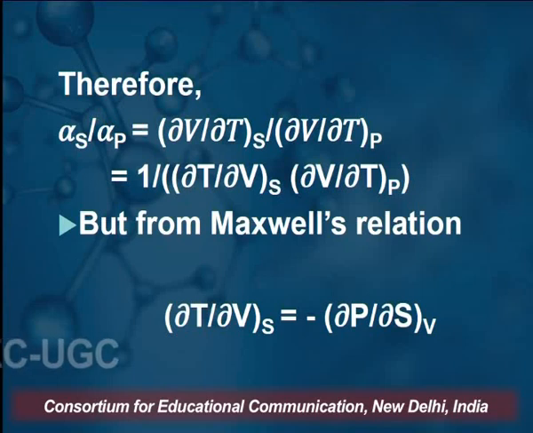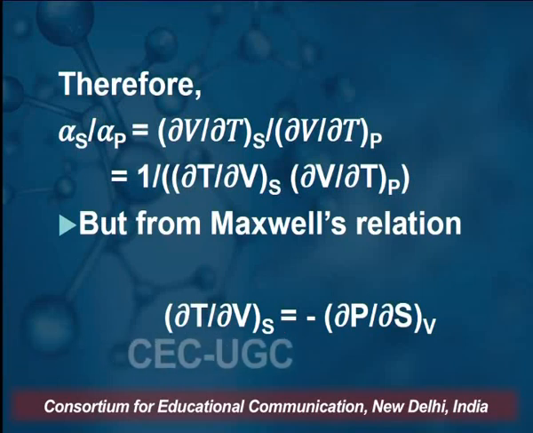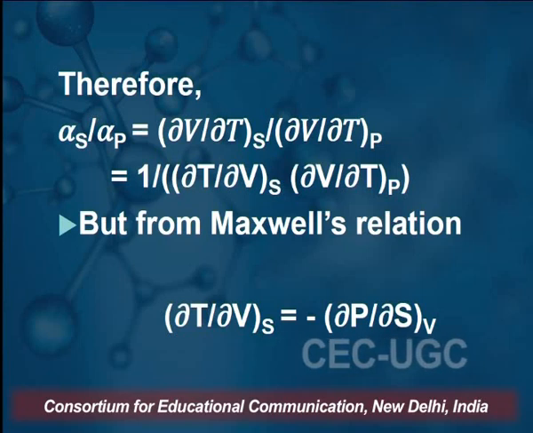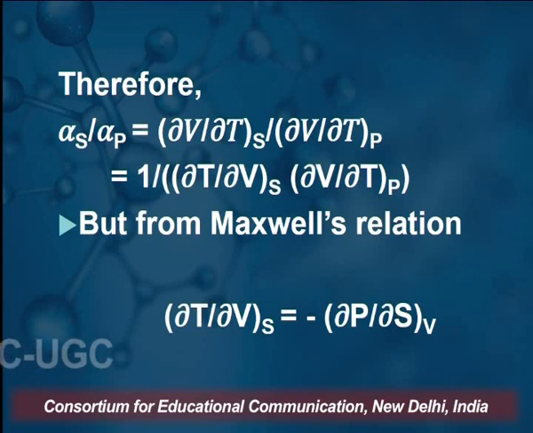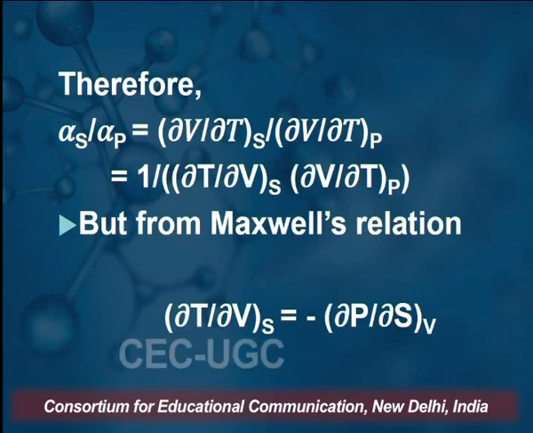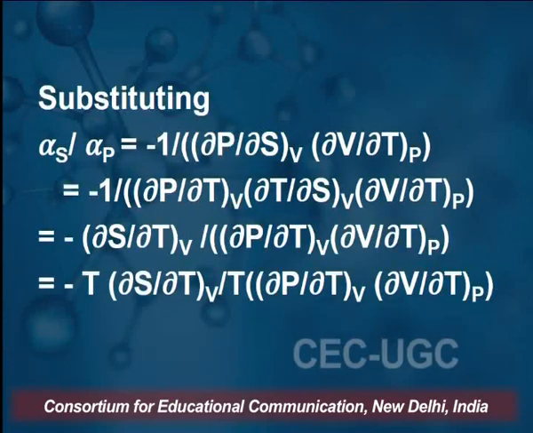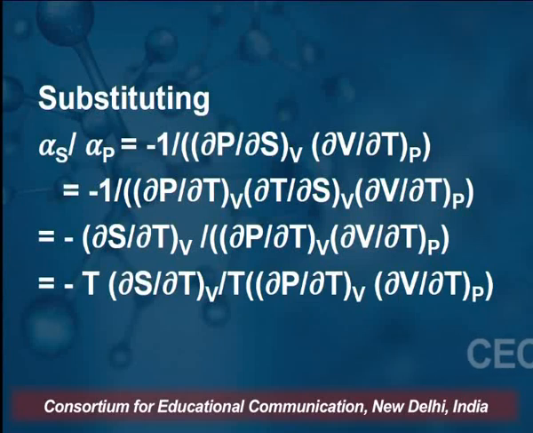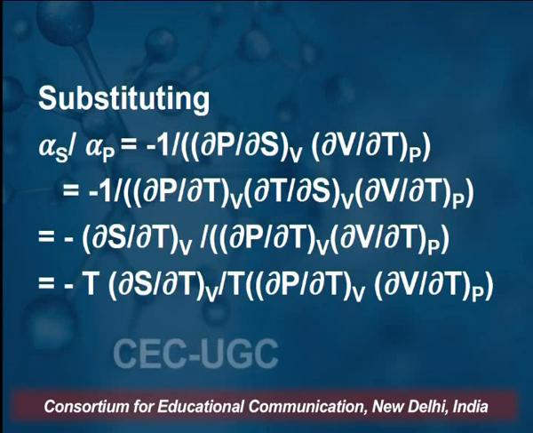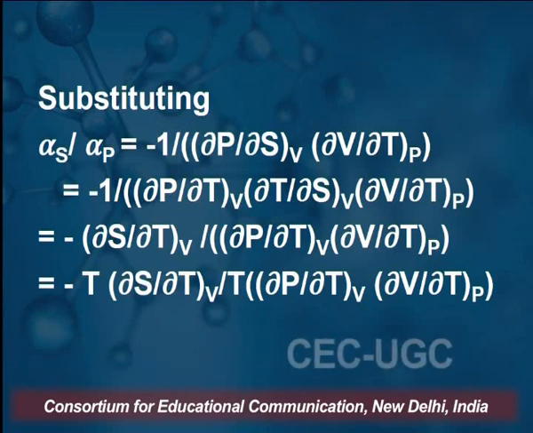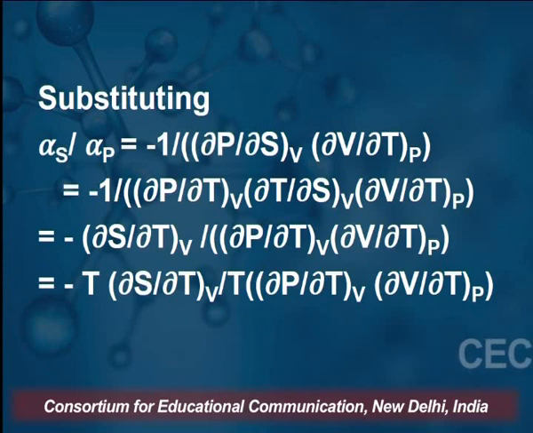From Maxwell's relation, we have ∂T/∂V at constant S is equal to minus ∂P/∂S at constant V. Substituting, we get alpha S by alpha P is equal to minus 1 by ∂P/∂S at constant volume into ∂V/∂T at constant pressure.